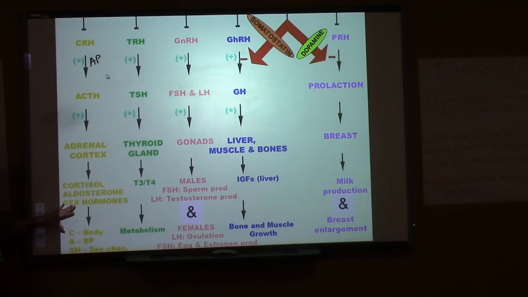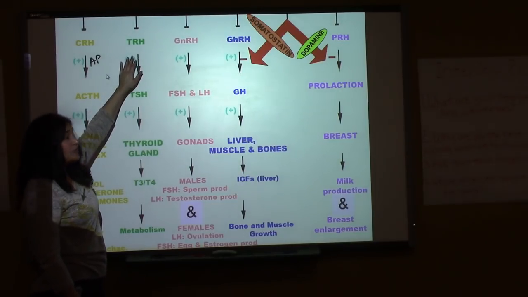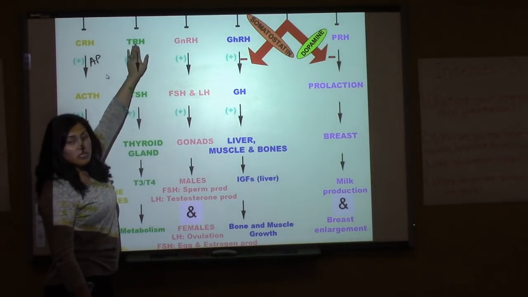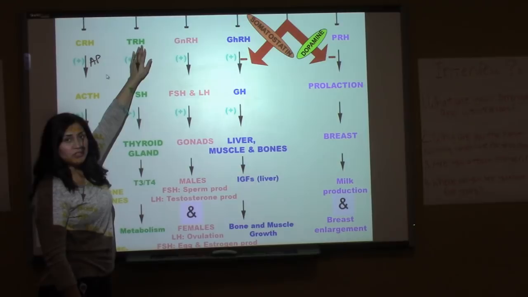Now these 3 hormones work all throughout the body. Cortisol mainly works throughout the body, on different tissues. Aldosterone is mainly for increasing blood pressure. And the sex hormones are for your secondary sex characteristics. So that's one pathway. Now let's look at the second one. The hypothalamus will release TRH, thyroid releasing hormone.